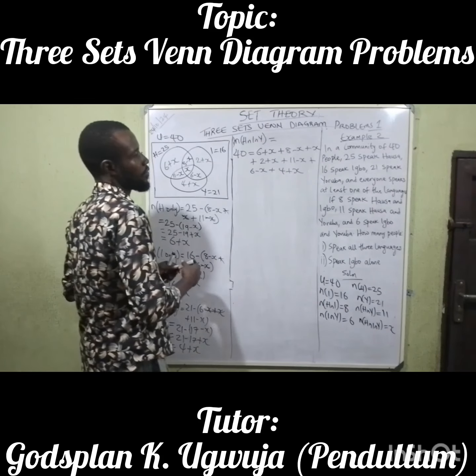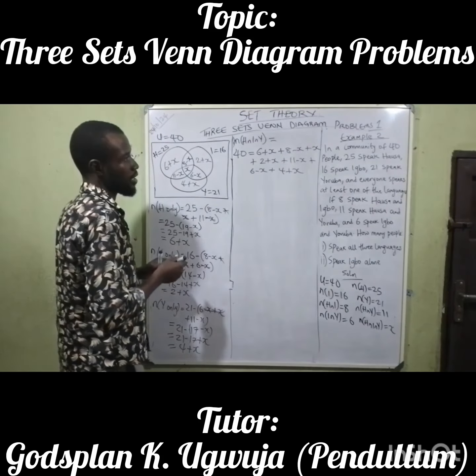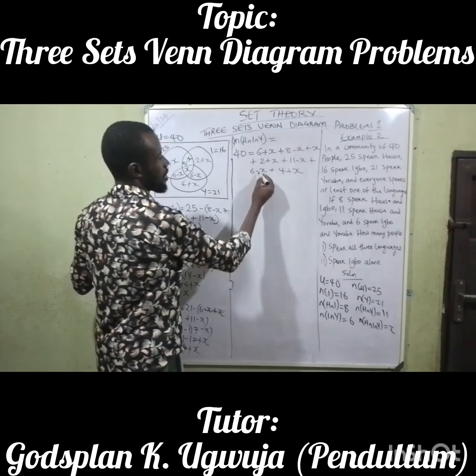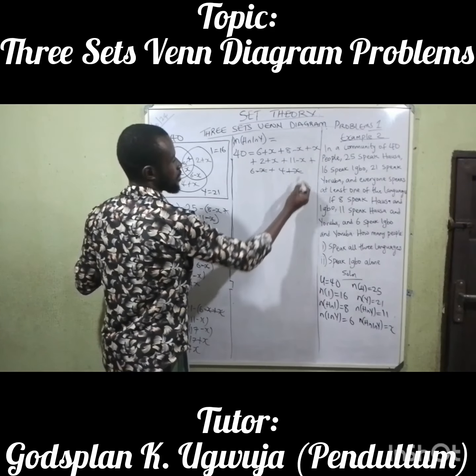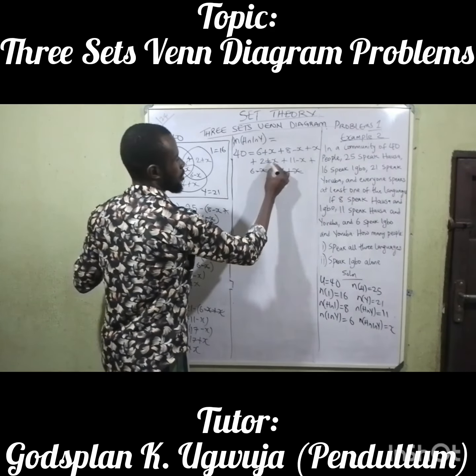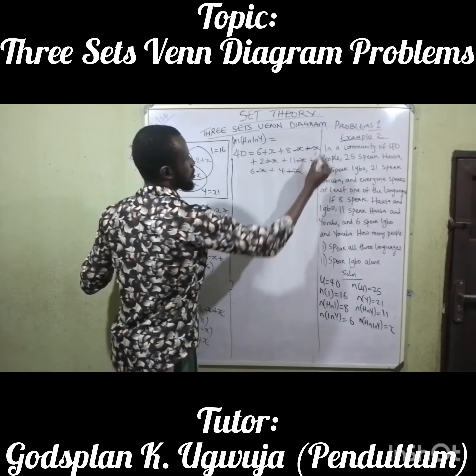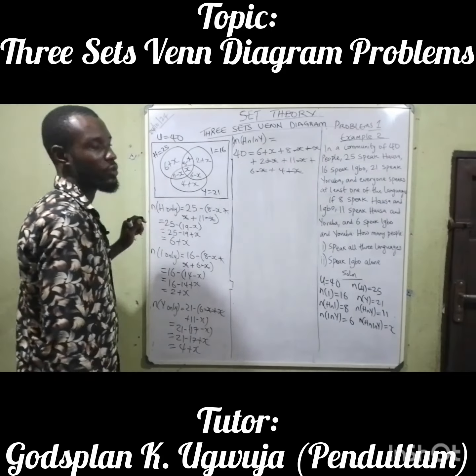Okay, so now if you look carefully, some things will cancel here. Minus x and plus x can cancel in many places. This minus x will cancel this plus x, minus x, minus x, plus x. All these ones will go.